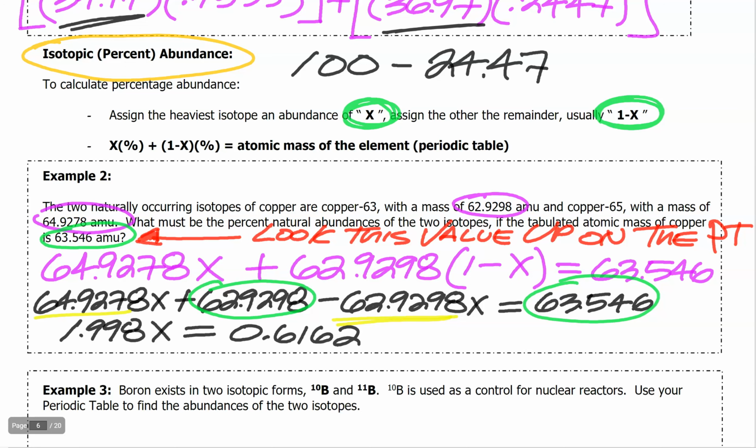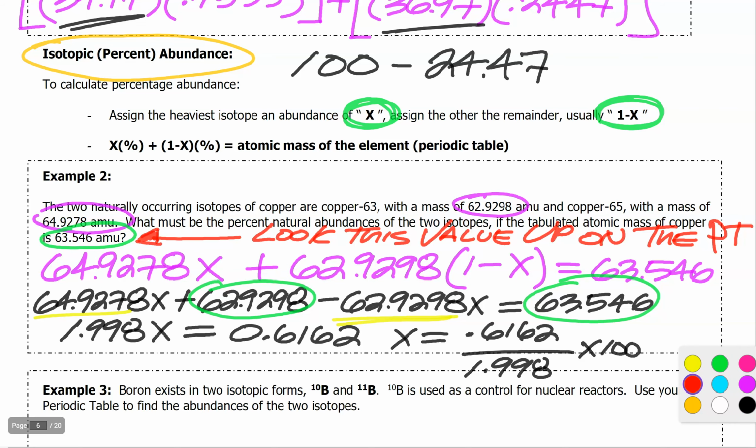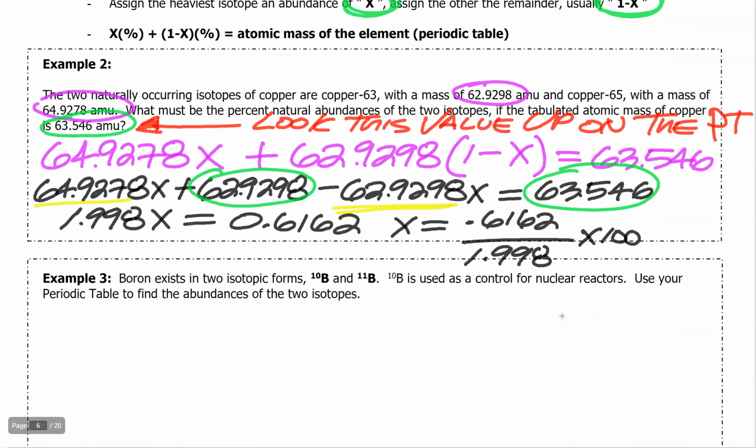So obviously x at this point is just going to be 0.6162 divided by 1.998. And we're going to multiply that by 100 in order to get a percent. And once you go through all of this, you're going to end up with an answer. I'm going to slide down here because I'm running out of space.